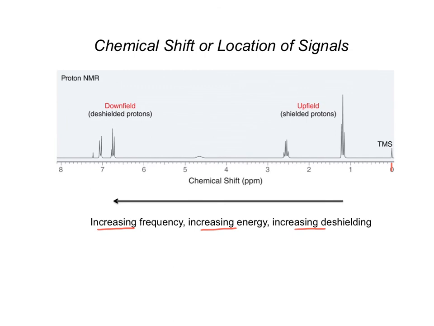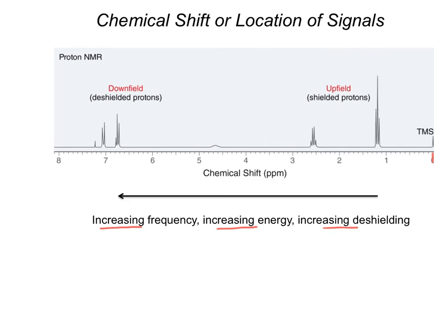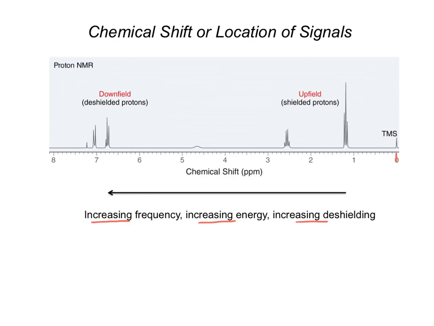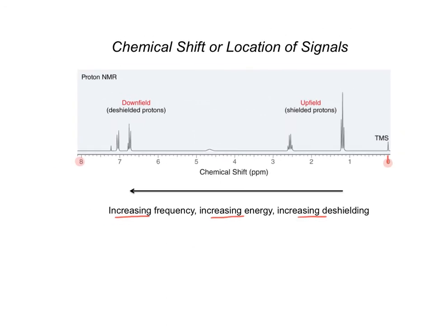For example, we're going to talk in the next lecture about the various things that influence the amount of deshielding a proton or a nucleus is going to feel. But as we go from 0 over here to this spectrum, it's only to 8, but this can go to 12 or 14, we're increasing chemical shift. So these protons down here are more deshielded.